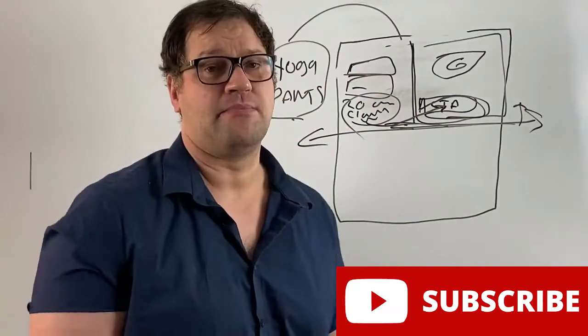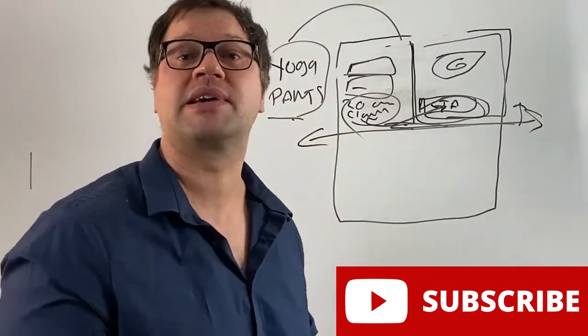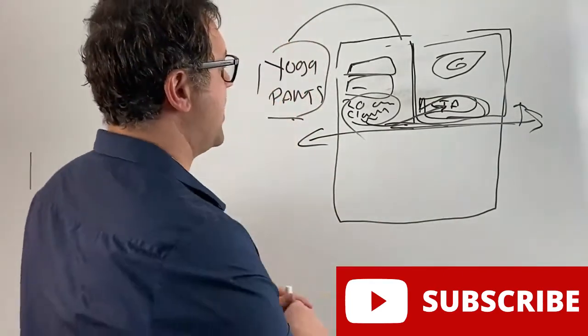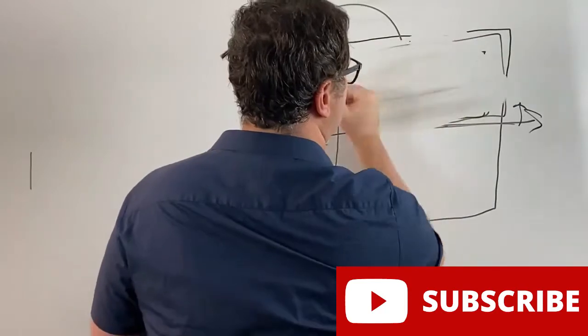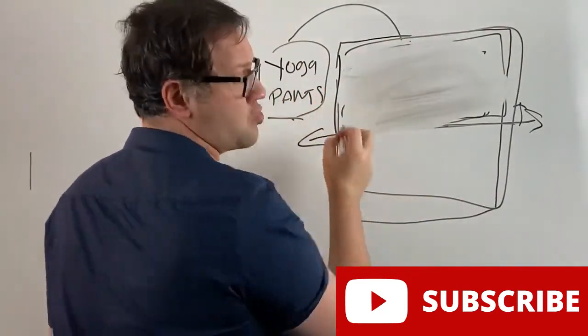So, for example, if somebody is looking for yoga pants, which we know they are because they've clicked on our Facebook ad, they are then going to come to our landing page about yoga pants.